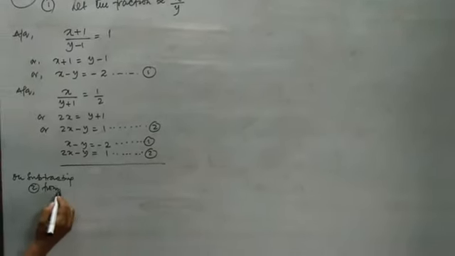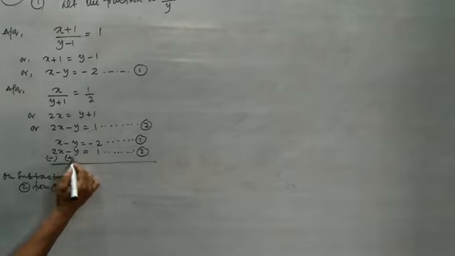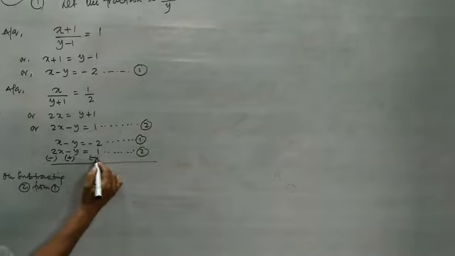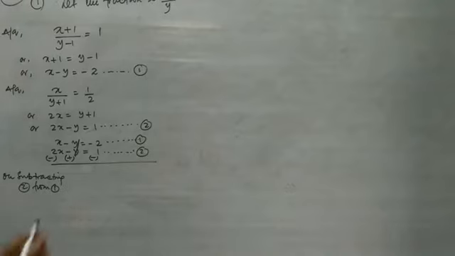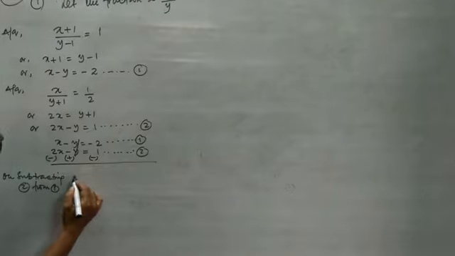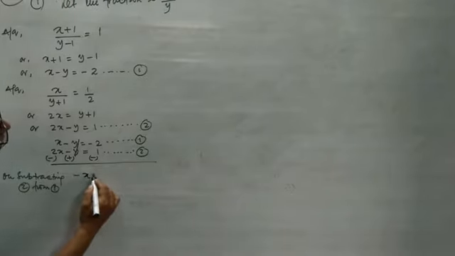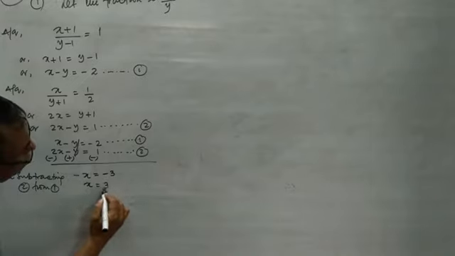On subtracting 2 from 1. So when you are subtracting, change the sign. It will be minus, this will be plus, and this will be minus once again. y and y cancel out, and it will be minus 2x, and this is plus x. Minus 2x plus x will give us minus x is equal to minus 3, and x equals to 3.